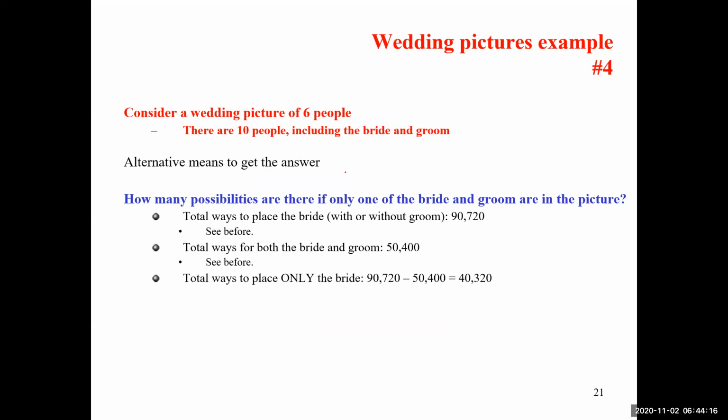We have got that the total ways to place the bride with or without the groom is 90,720. Total ways for both bride and groom is 50,400. Total ways to place only the bride is 40,320. And then in the same way, repeat the same thing with the groom. And so we get still the same number.